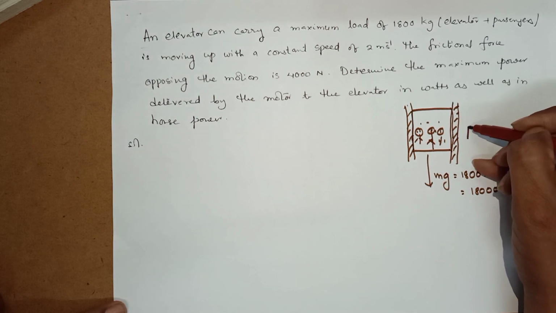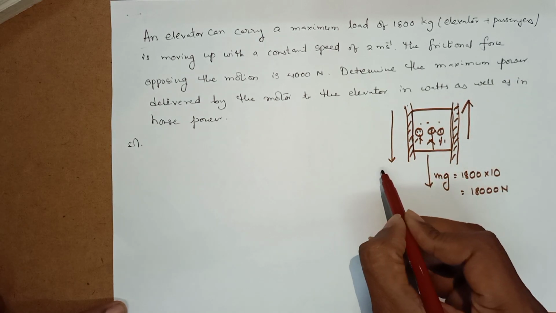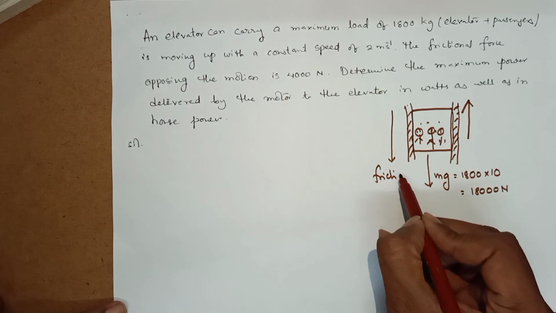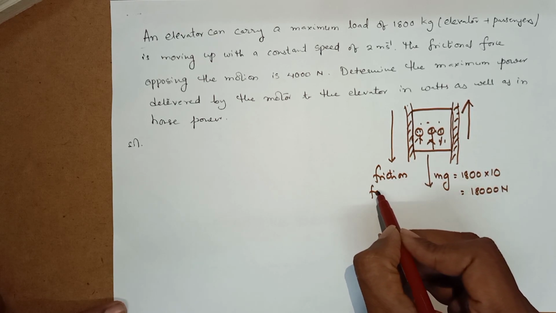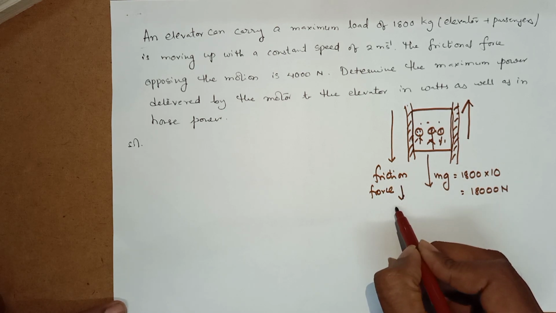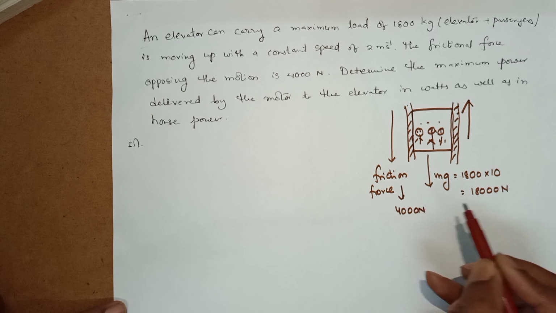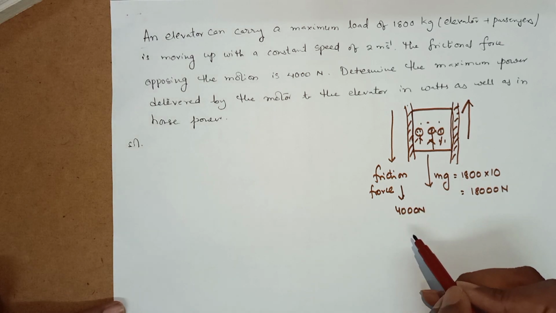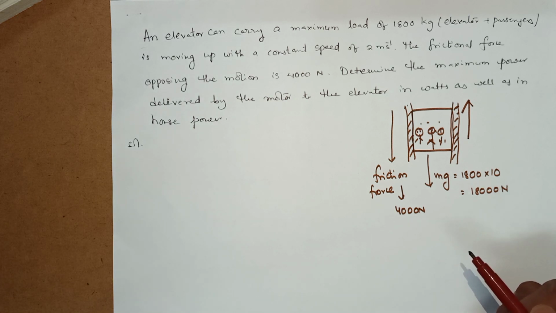As the lift is moving upward, frictional force is downward, because frictional force always opposes the motion, which is downward, 4,000 newtons. So total 18,000 plus 4,000, total 22,000. Right?